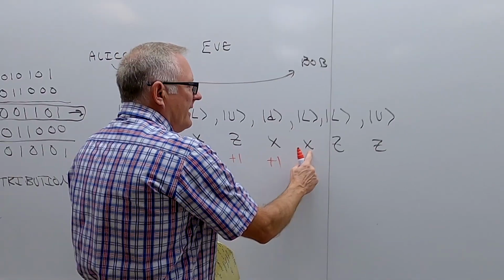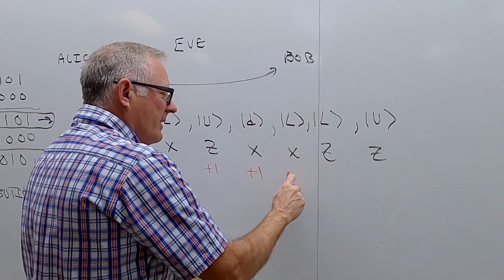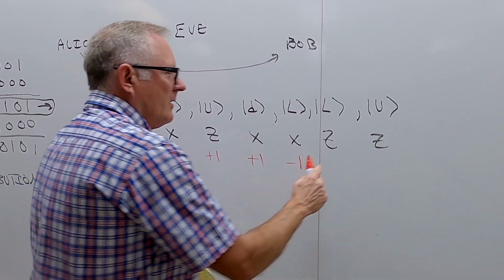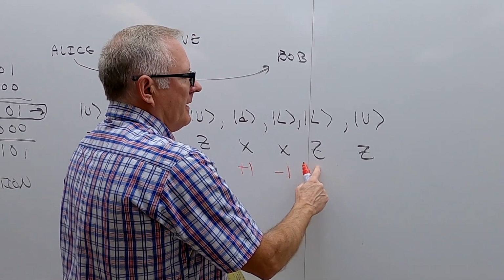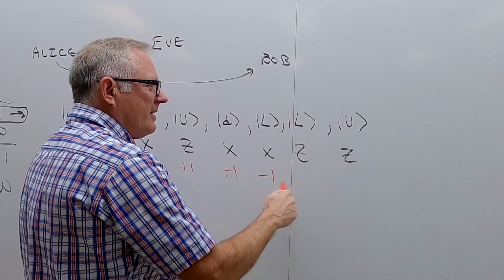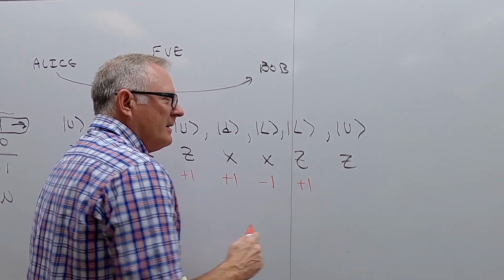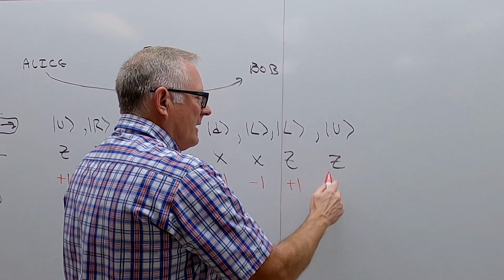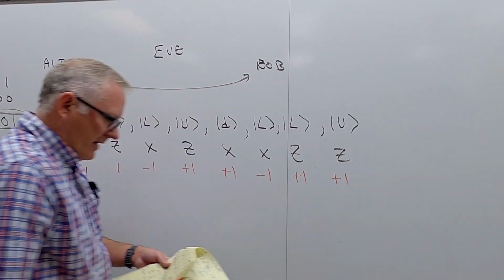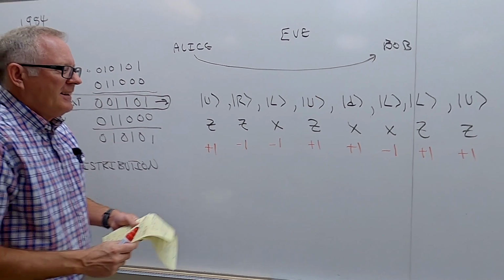This one over here, since it was in the X direction, that's the right left, so he would have gotten a -1. Over here, since it's in the Z direction, and this is left, it's a 50-50 shot again, so let's just say +1. And then this one would be a +1 because it is in the up direction right there. Okay. So that's what he would measure.